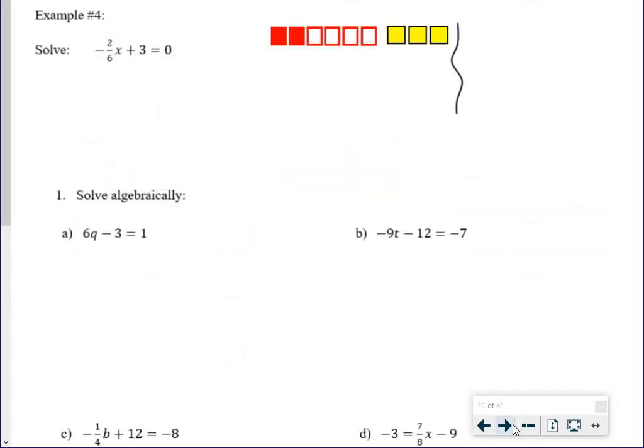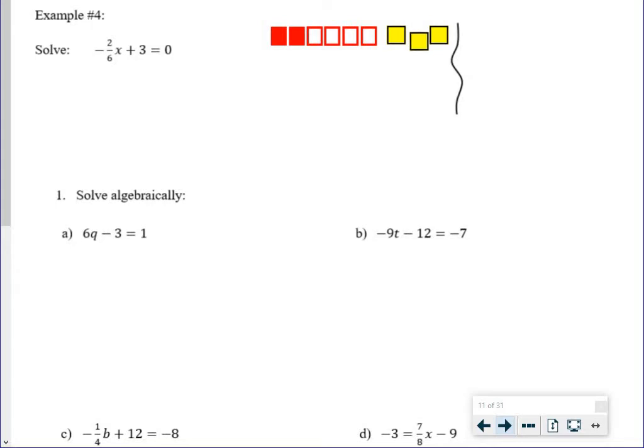Alright, moving on to the next page. One of these full rectangles, if all of these were filled in, would be worth 1x. However, at the moment, we only have 2 out of 6. Ultimately, I want to get that red rectangle on its own with nothing else, and then I can figure out what 1x is worth.